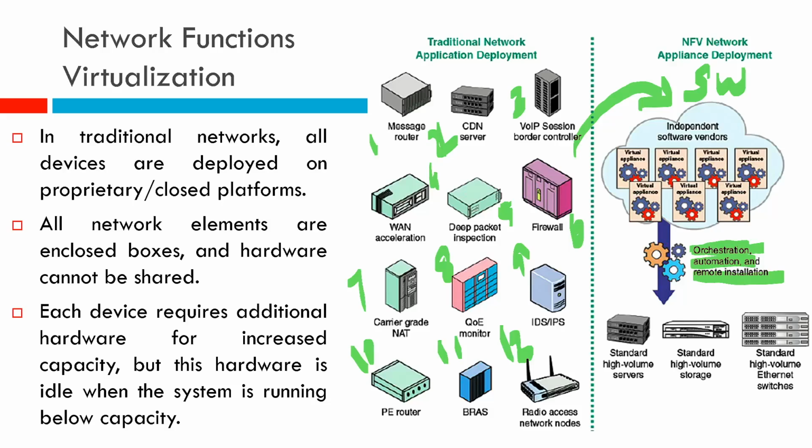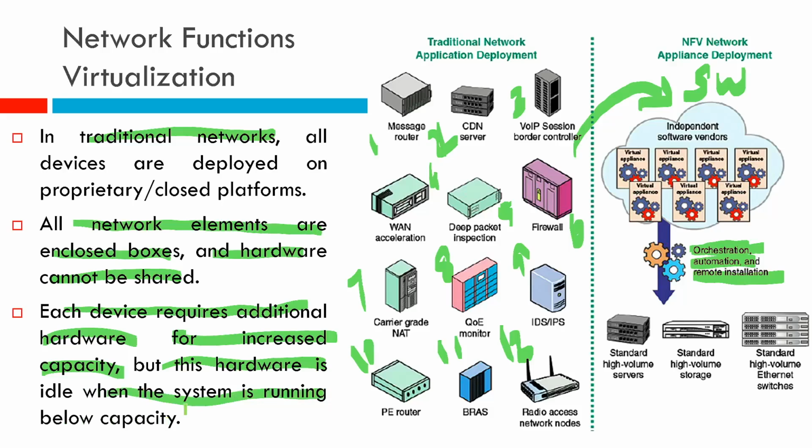All network elements are enclosed boxes, and hardware cannot be shared. This is about the traditional network. Each device requires additional hardware for increased capacity. But this hardware is idle when the system is running below capacity.